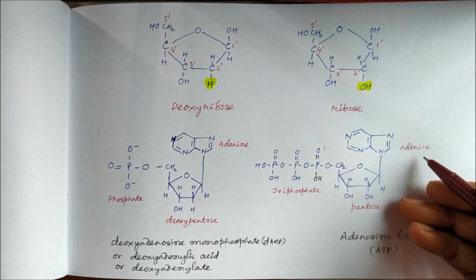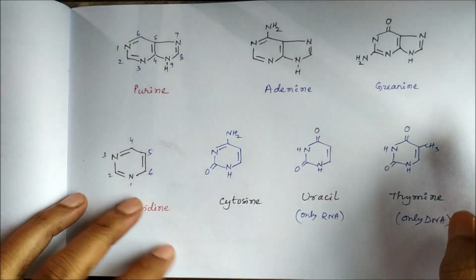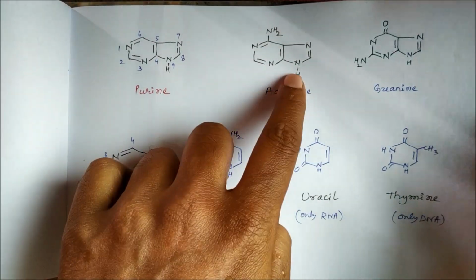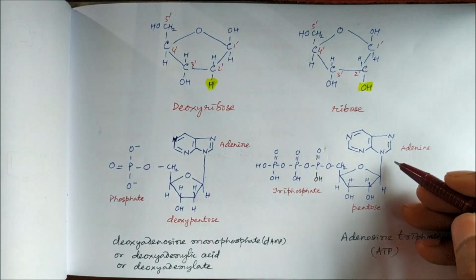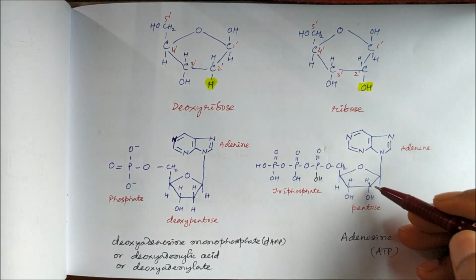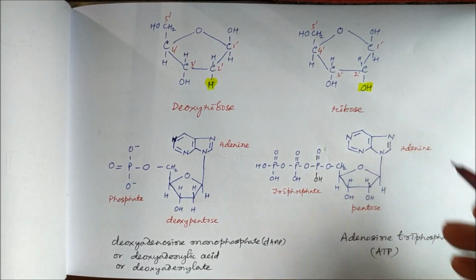You can see in adenine, on the 9th position there is hydrogen, and this N9 is now linked to the pentose sugar. So this sugar and this base form the nucleoside, that is adenosine.